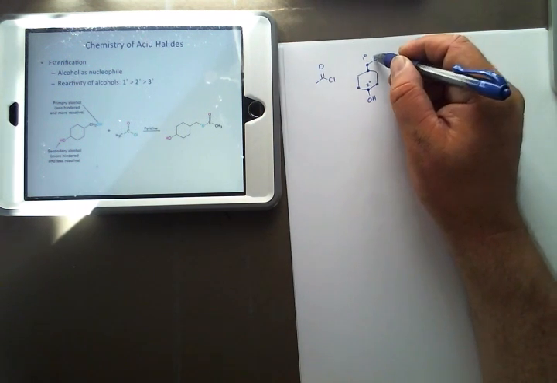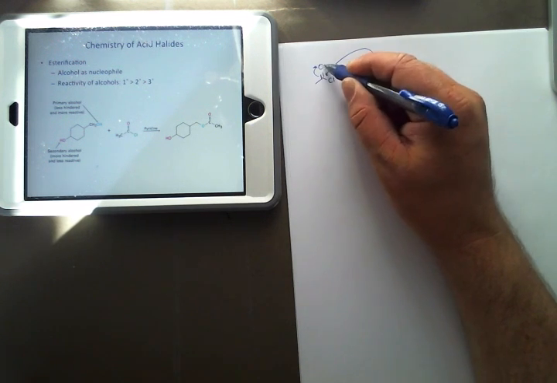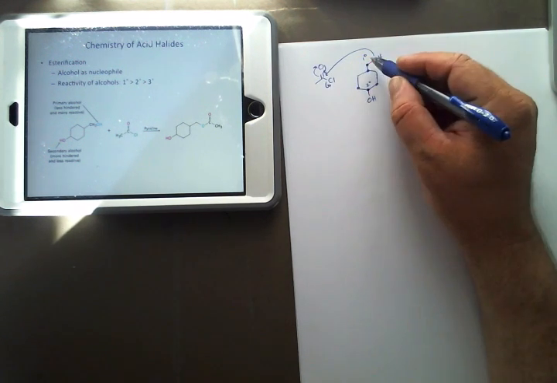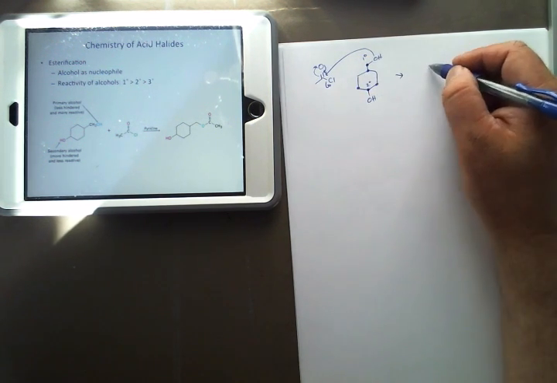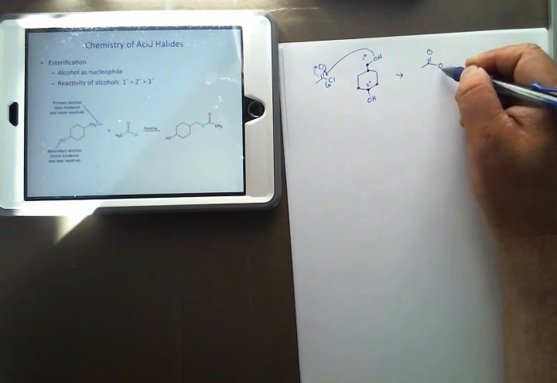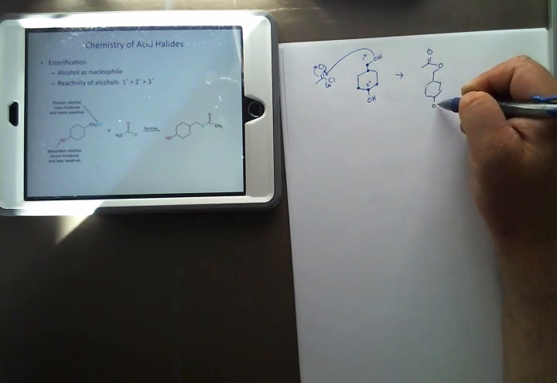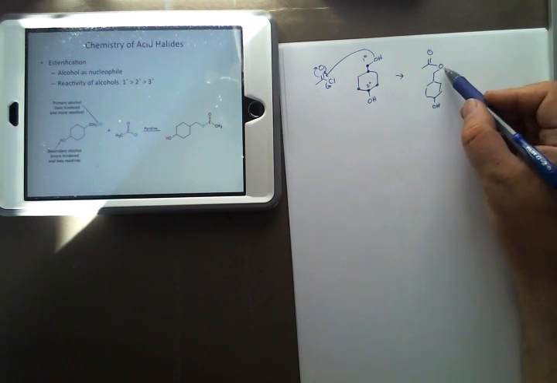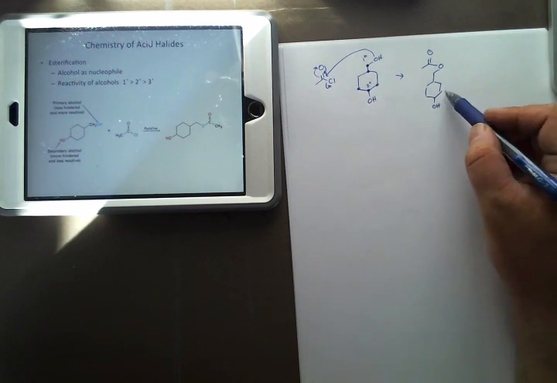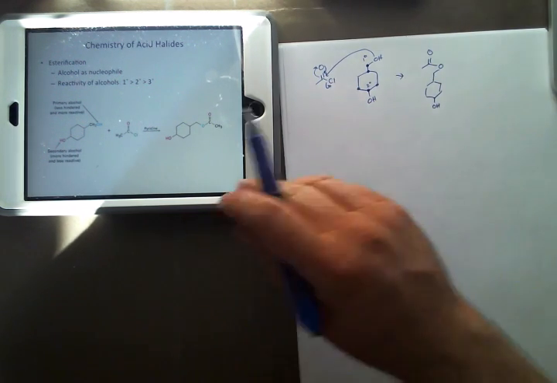So that's going to attack there, up, down, kick away. This is going to be more reactive than this one, so you're going to get some selectivity for this. I know it looks kind of bad, but that's going to react here to make the ester.